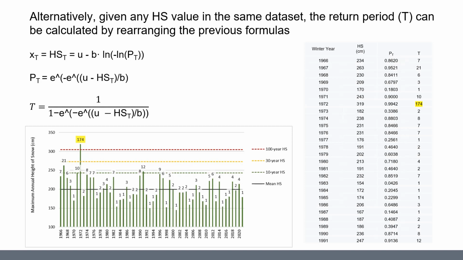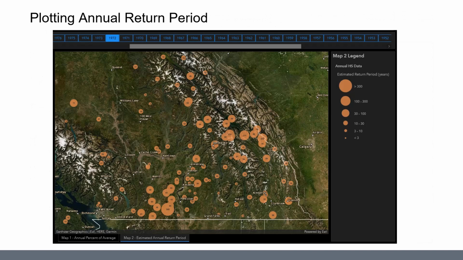And if you looked at 2021, you're seeing a value of 1, just a typical year. If you do this for every station, you could get a map like this with each station having a return period represented by a bubble. I'll go into this in more detail on the actual tool.